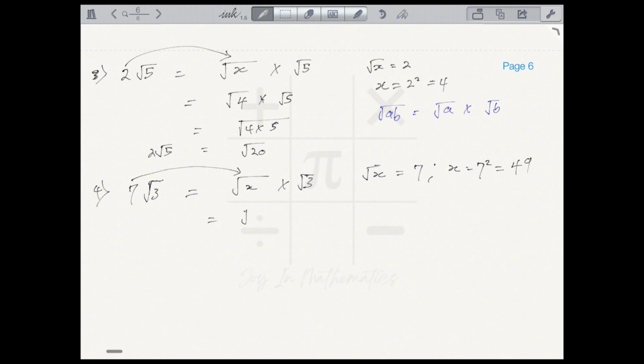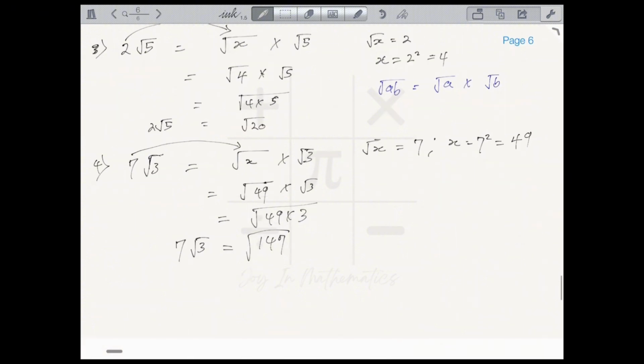So this will give us root 49 multiplied by root 3. Applying the law of surds as we have seen, this will be root 49 times 3, and 49 times 3 is 147. Root 147 is equivalent to 7 root 3.